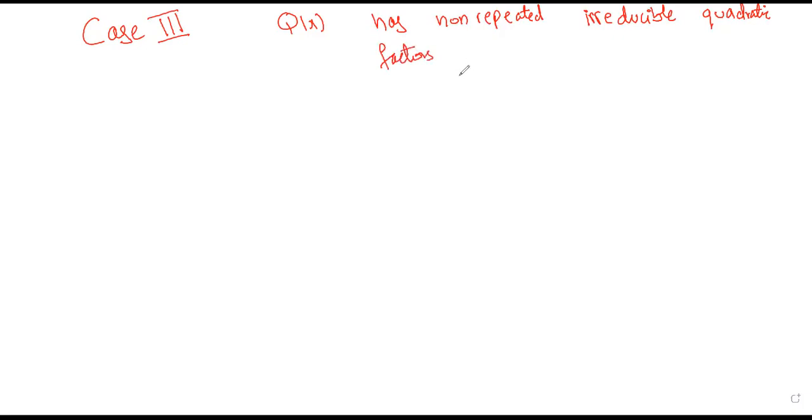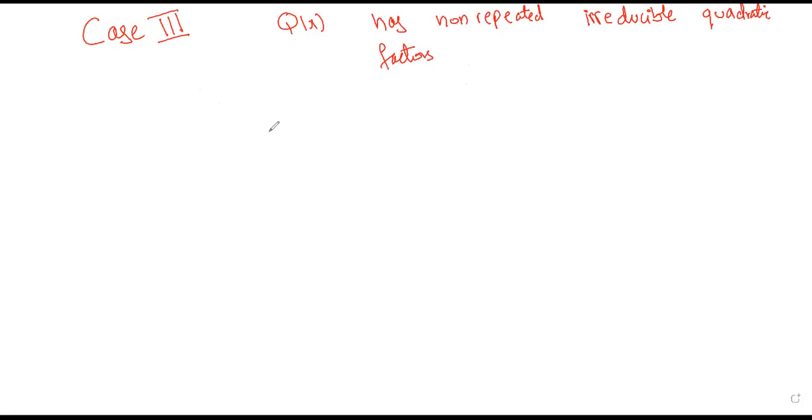Okay. For example, let's say we have a fraction of this type. Let's just talk about the types first and then I'll talk about the general case.